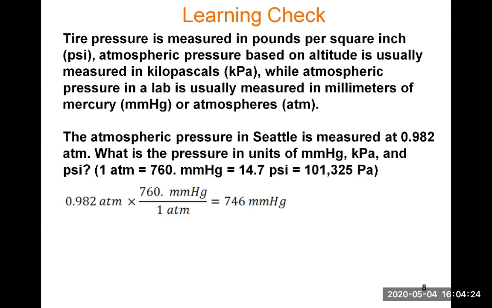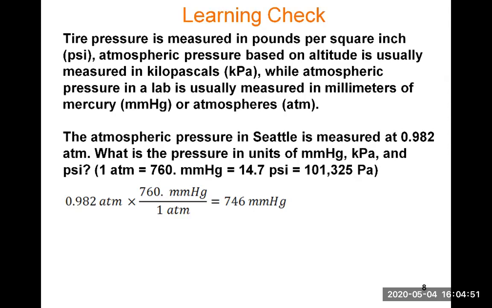And in the calculator, you do 0.982 times 760, and that's 746.32 millimeters of mercury, right? The unit left is millimeters of mercury. You see how 760 has a dot, which signals that the 0 is significant.